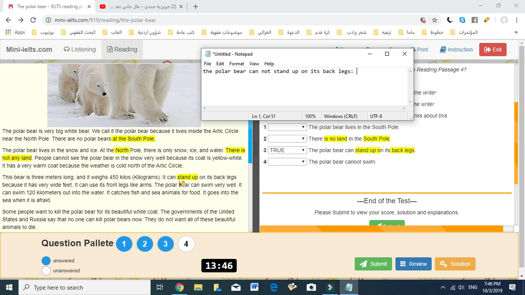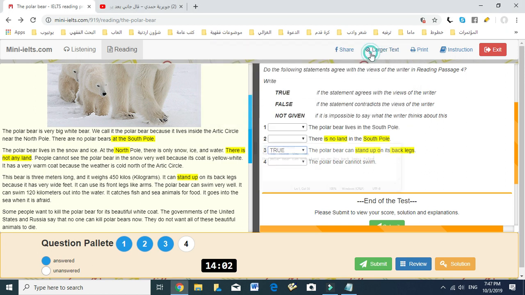So this would be false. Here it does not contradict, it's identical. The polar bear can stand up on its back legs. So the answer would be true, and I don't know why the previous answers disappear.